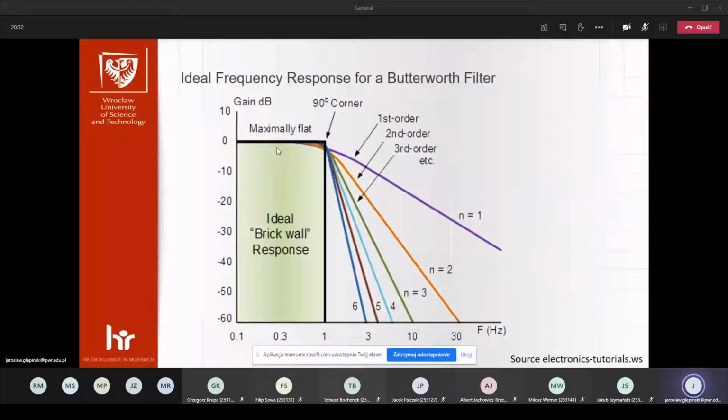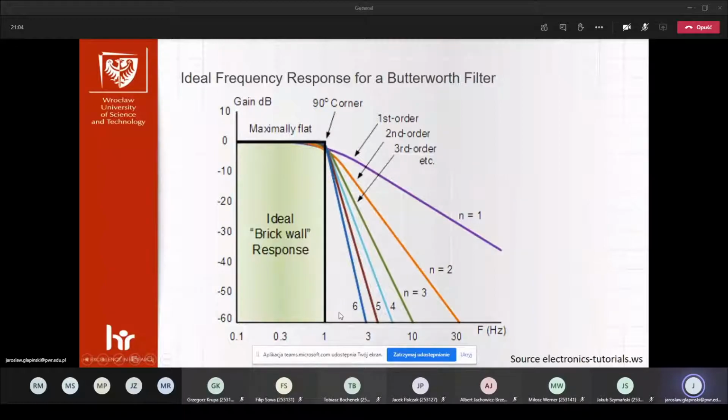And in this case, we can design filters with different orders, starting from the first order, which is 20 decibels per decade, and then second, third, and so on. As you can see, this is the ideal, of course. It is called a brick wall response, but we are not able to achieve such a situation.